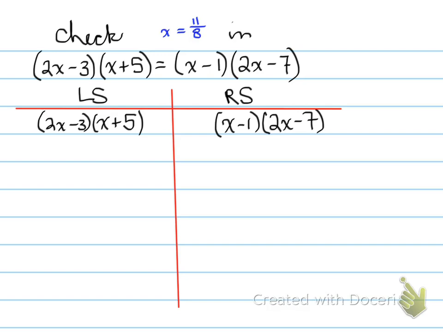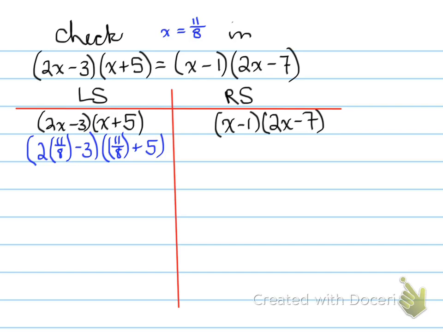What is our x value? Well, our x value, folks, is 11 over 8. So instead of x, I'm going to rewrite x as 11 over 8. So 2 times 11 over 8 minus 3 times 11 over 8 plus 5. So every time there's an x, I replace that x with 11 over 8.